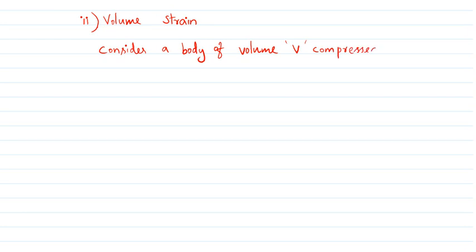Okay, so I here take it as a compression, compressed by an amount small v. Okay, so this letter denotes the compression of that body. So compressed by an amount v by the application of uniform pressure.